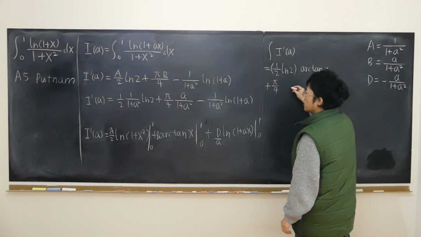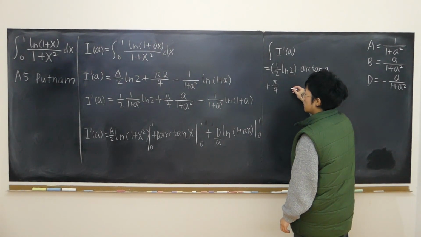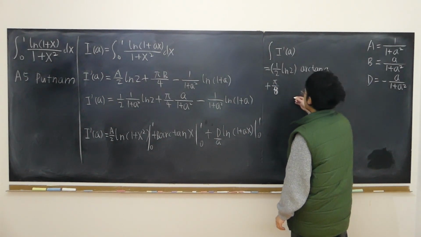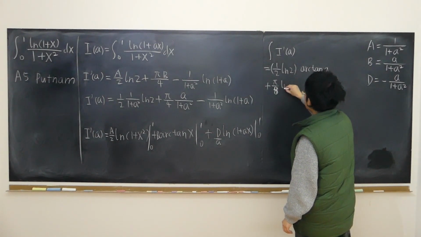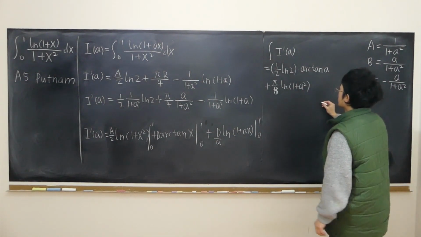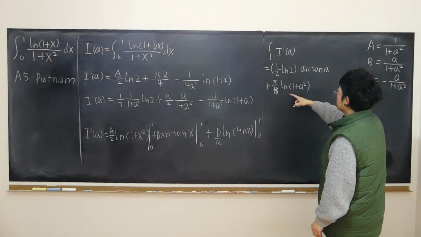Because in the end we have a different chain rule, so 2a, the constant should be times half. So that's pi over 8. Pi over 8 log 1 plus a squared. 1 plus a, 2a. Yes.